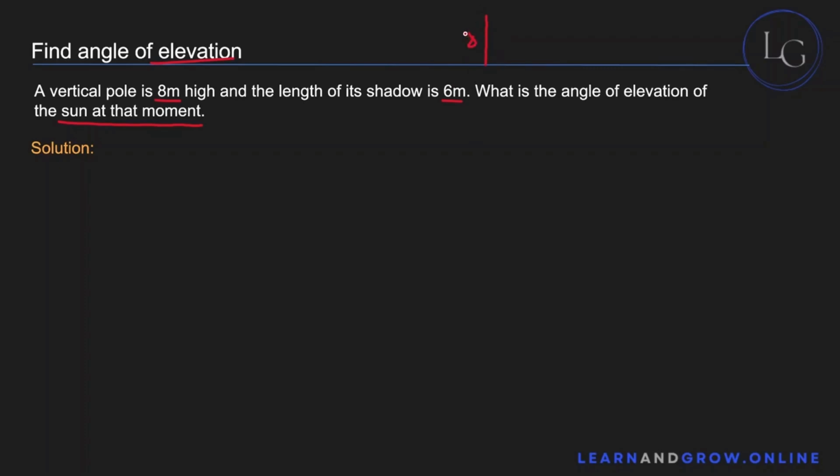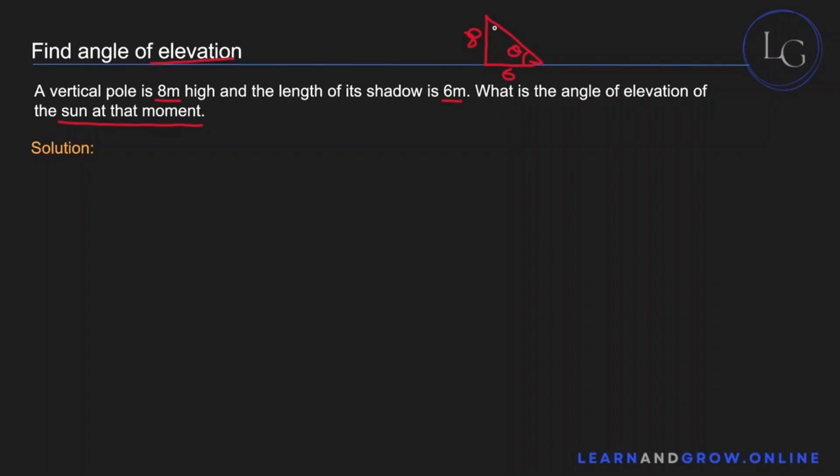This is an 8-meter pole, right? Sorry, an 8-meter pole, and the sun is casting its shadow at 6 meters. What is the angle of elevation of the sun? Well, just complete this triangle, right? And this will be your angle of elevation. Simple, right?